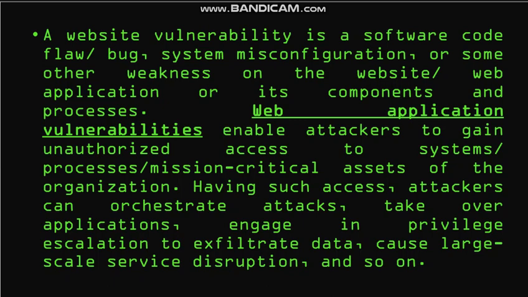The next type of web vulnerability is broken authentication and session management. These are web vulnerabilities that allow attackers to capture or bypass authentication methods used by the website or web application.